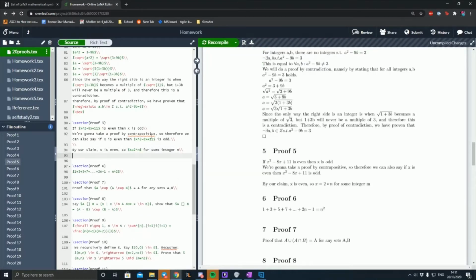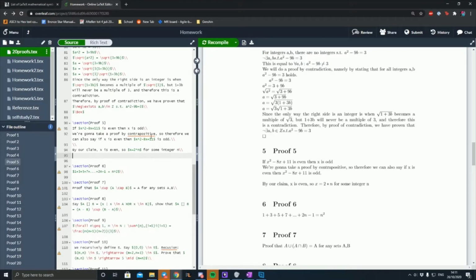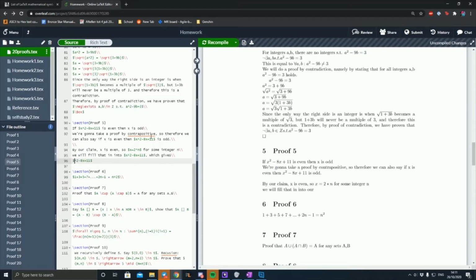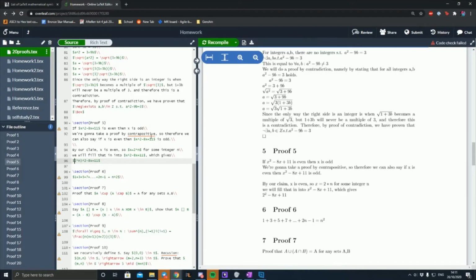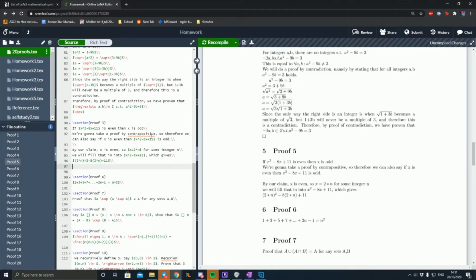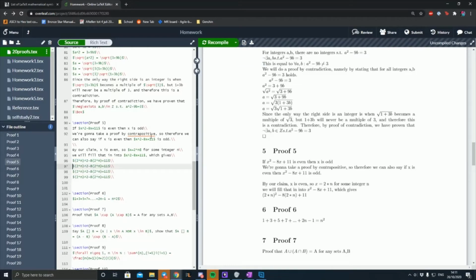I'm doing too much Java. I put a semicolon. We will fill that into this, which gives 2 times n to the power squared minus 8 times 2 times n plus 11, which is the same as saying yoink yoink.